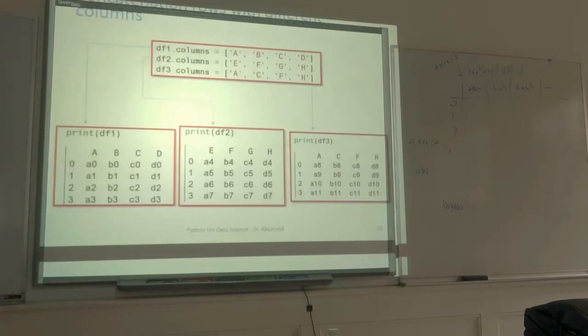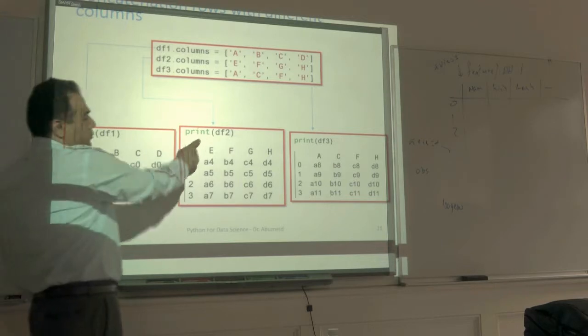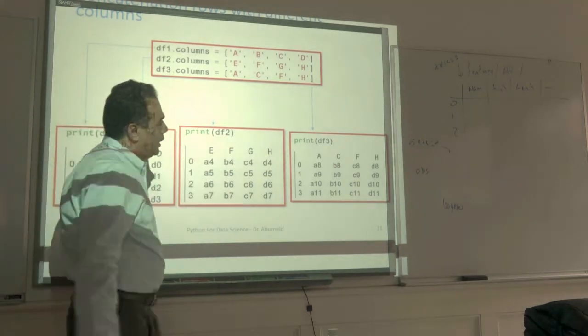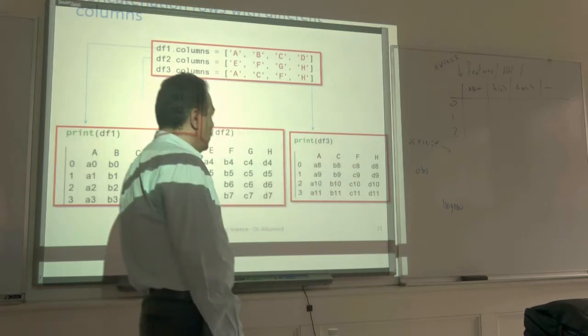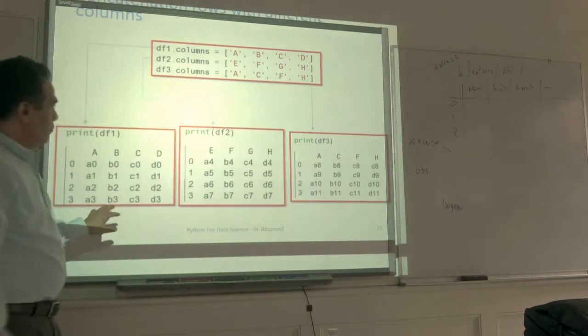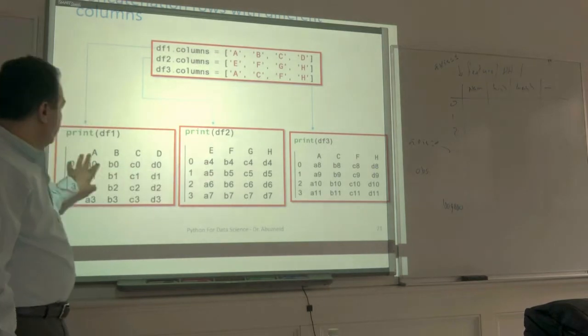All right. So look in here, for example, if you have the columns. Data frame 1 has A, B, C, D. Data frame 2 has E, F, G, H, and data frame 3 has A, C, F, G. So these didn't intersect with any.